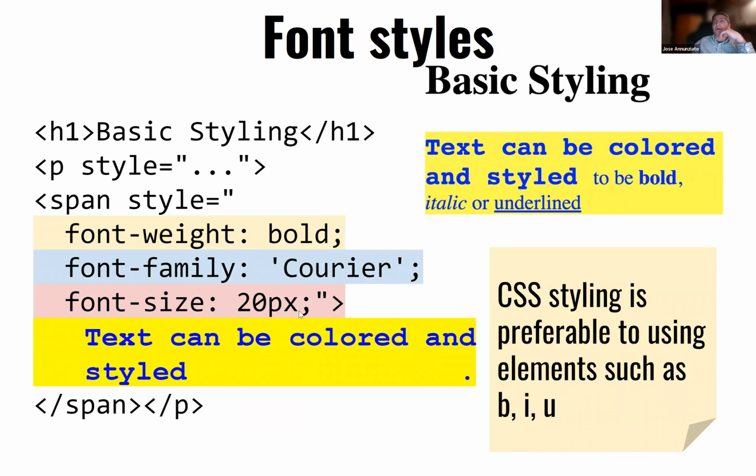Everything is rendered at some point in terms of pixels on the screen, but you can also provide these units in terms of relative size. By default, the browser defines the default size of fonts to be, I think, 16 pixels.